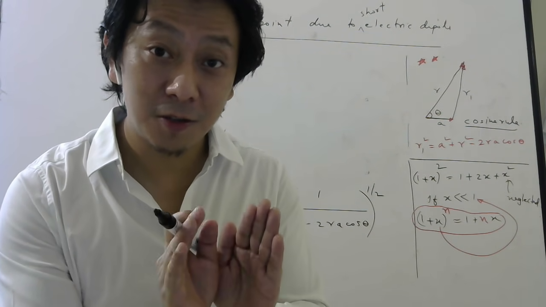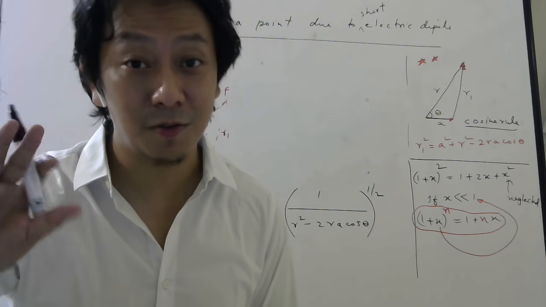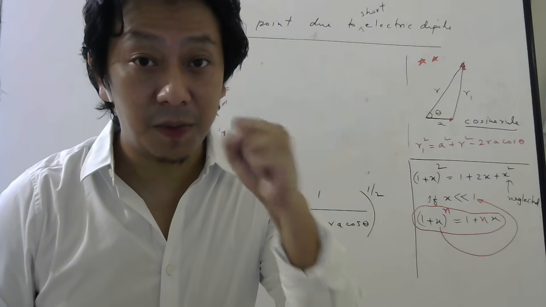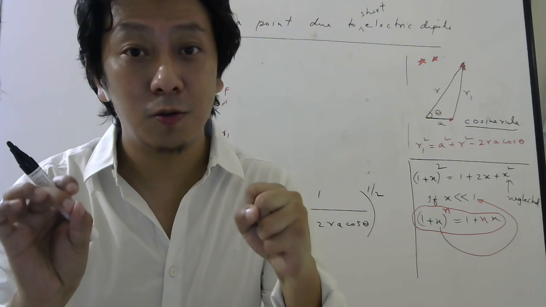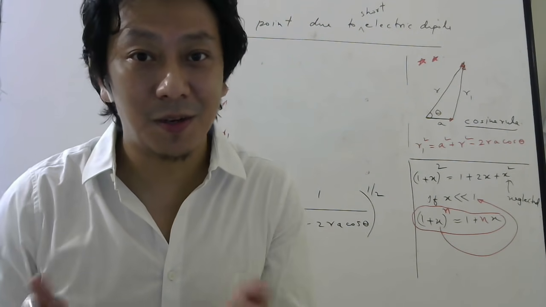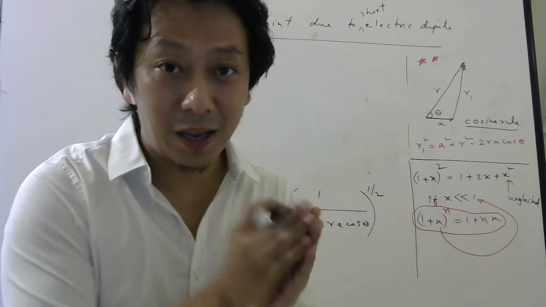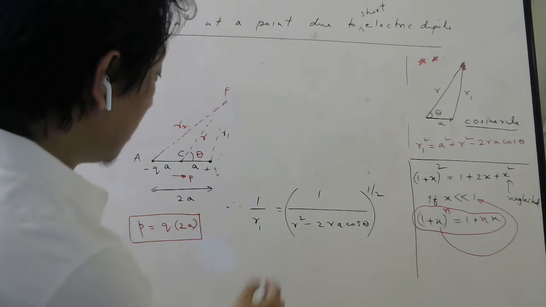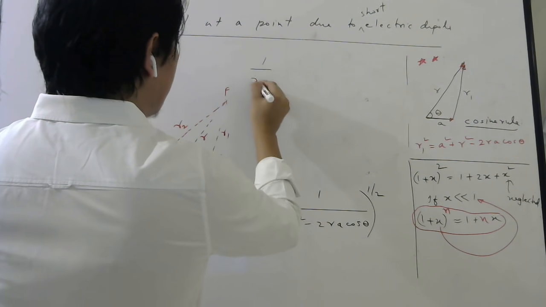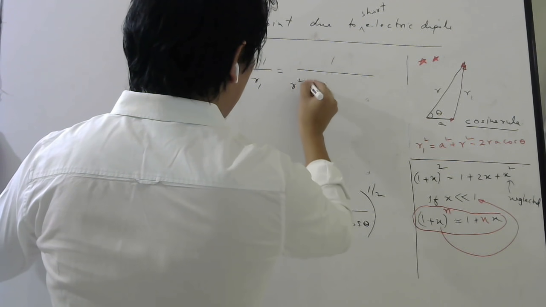Later it will be very useful for you for more difficult questions in entrance exams. If you have big plus small and you neglect the small, that is an approximation, but it is not a very good approximation. What you do is take big common and then see what will happen. Here this is big, this is small. So in the denominator, let me take r square common.